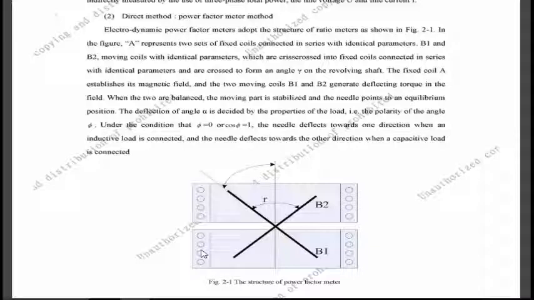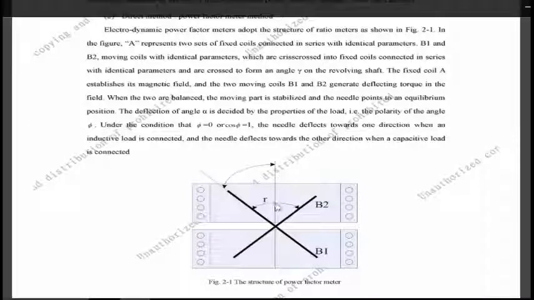B1 and B2 are the moving coils with identical parameters, which are crossed with the fixed coils and form an angle on the revolving shaft.